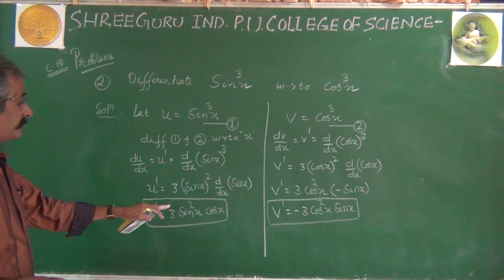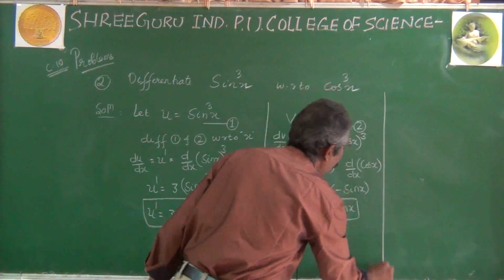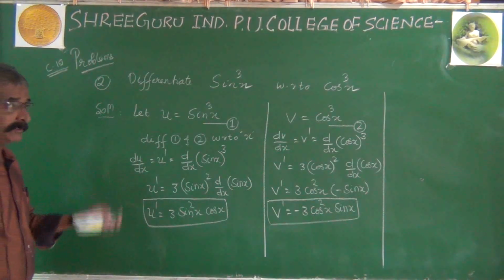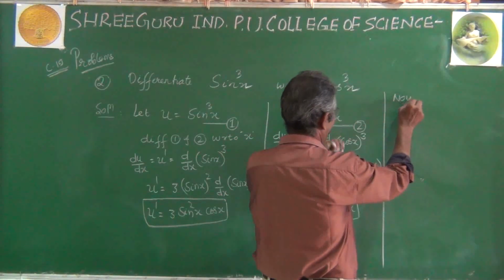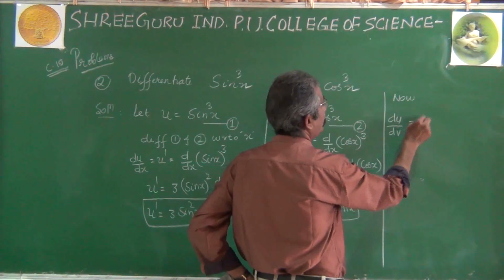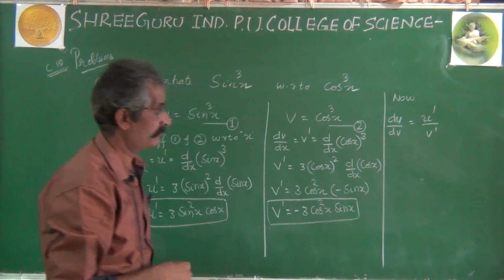So we got u dash, v dash. Next we require to find the differentiation of u with respect to v, nothing but du by dv. Now du by dv equals, the formula is u dash divided by v dash.